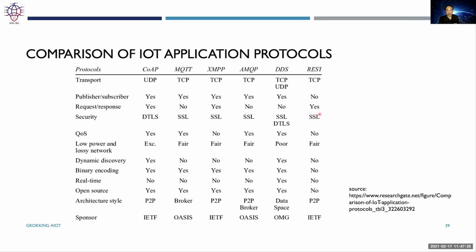Not a problem if you're running a more capable device like something that can support AIoT. But if you are working with a more constrained IoT device, like the ones that can only run UDP and CoAP, then they would not use SSL, but they will use a simpler transport security layer called DTLS.